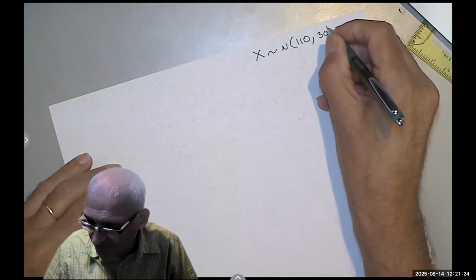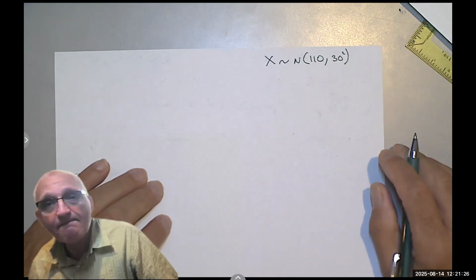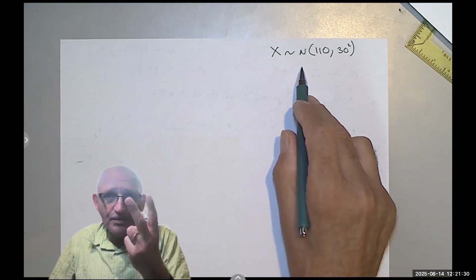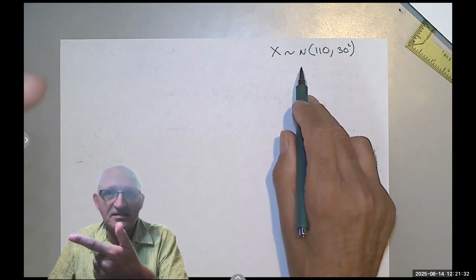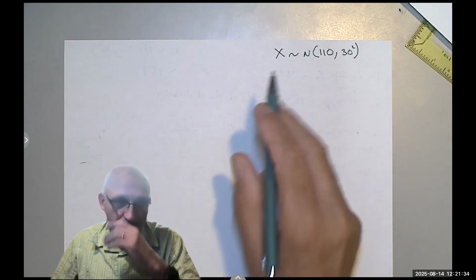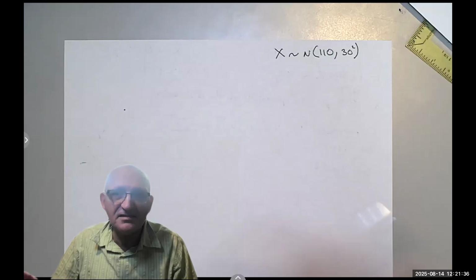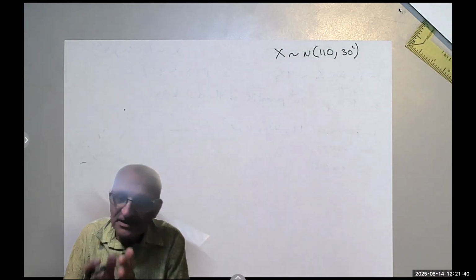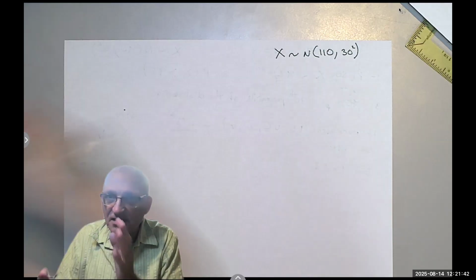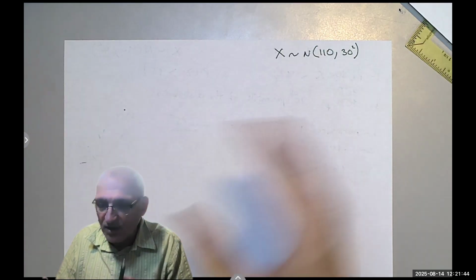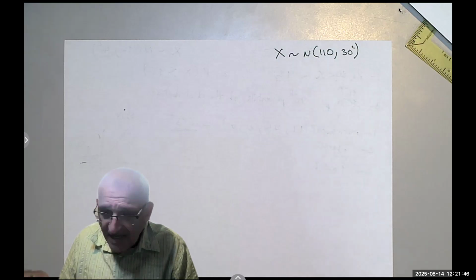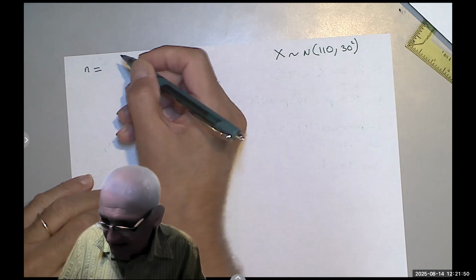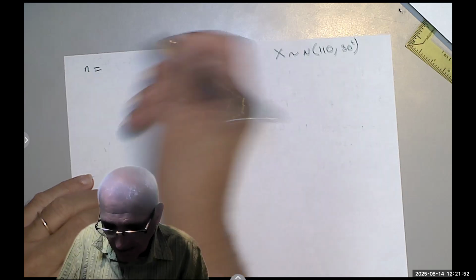So I'm going to write it 30 squared, because the normal distribution needs two parameters, the mean and the variance. But as I said, many people, just for simplicity, write mean and standard deviation, which causes confusion to mathematicians who are very rigorous in deciding what parameters they have. And let's say I'm going to take a sample of size 40.